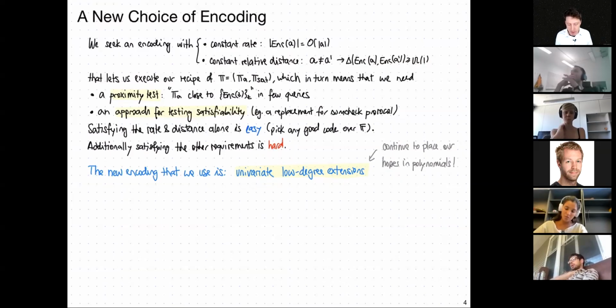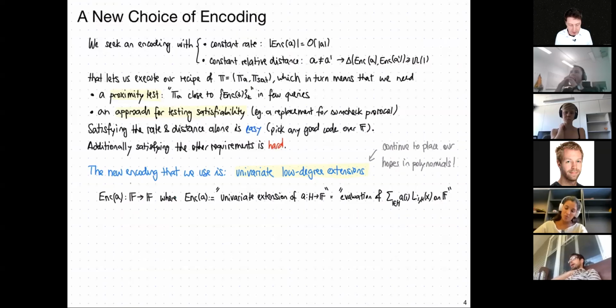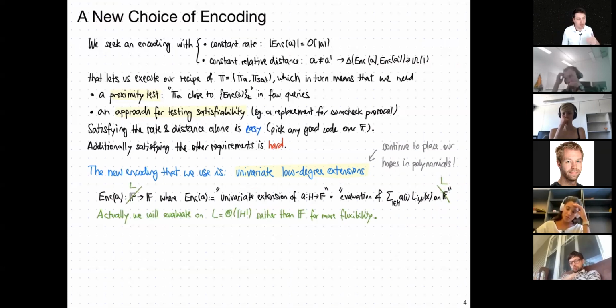The encoding of A is the univariate extension of A. Another way to think about it is that this is the Lagrange interpolation of A on some domain, maybe F. Actually, it's not all of F, it's some subdomain L that has size linear in the domain of the function we started with.